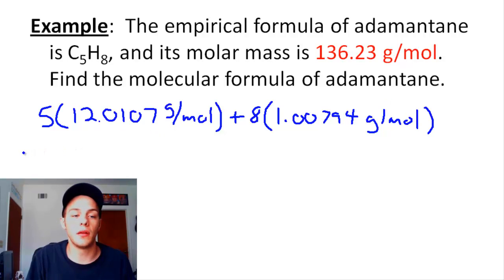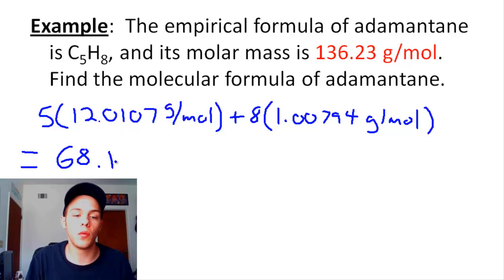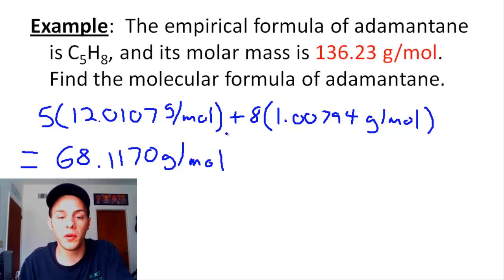The molar mass of our empirical formula is going to end up being 68.1170 grams per mole. So again, we have the molar mass of our compound of adamantane, that's given, and then we just calculated the molar mass of our empirical formula.